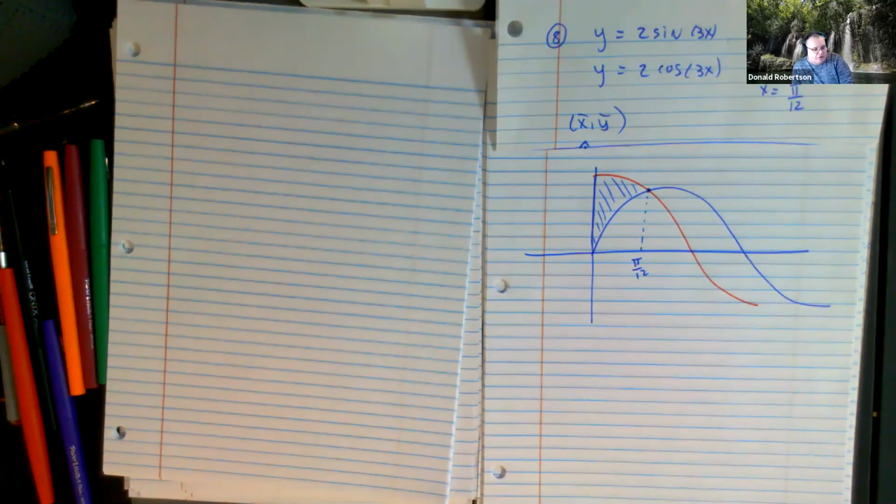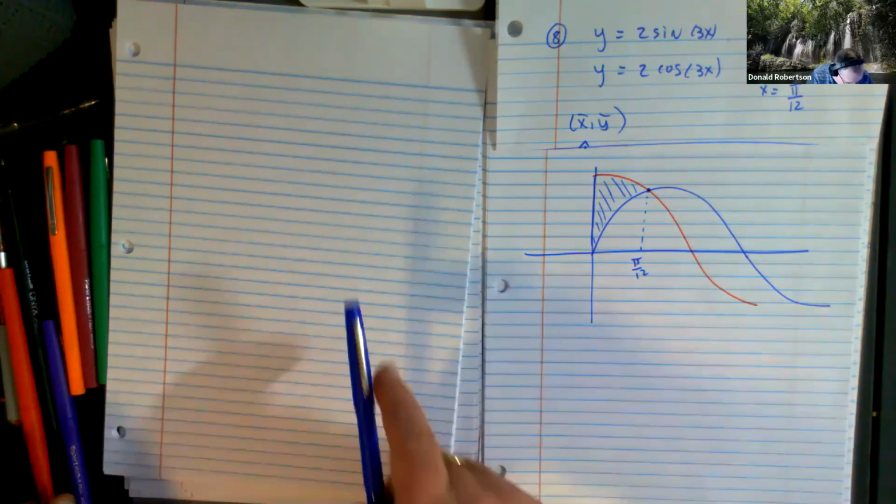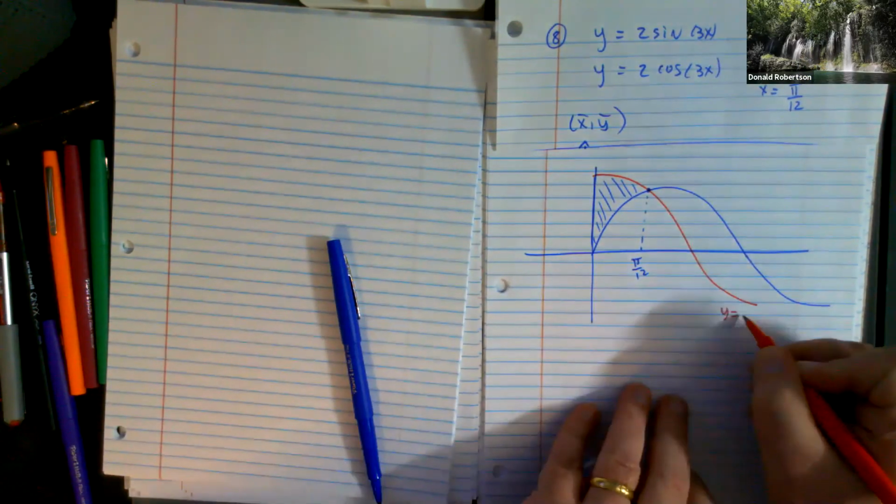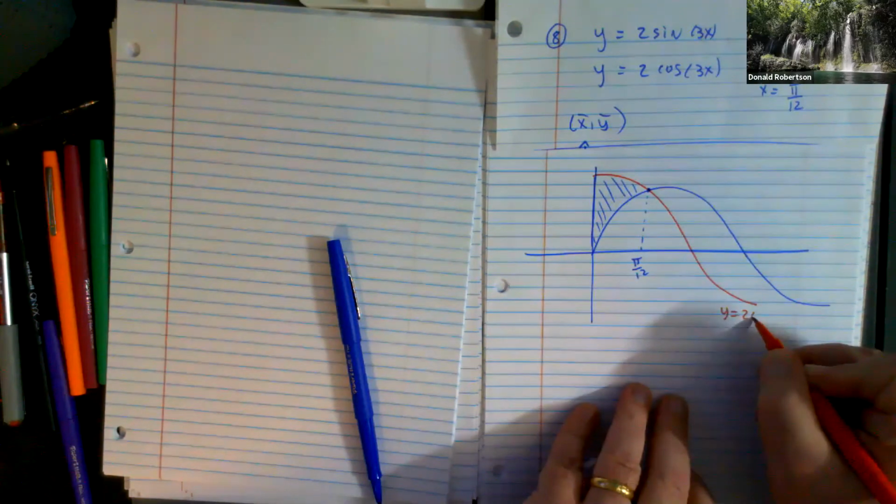And I think you really do need to visualize this, because now that I've got that picture, can you see that the red one, which is the cosine one, is my f of x, right? It's higher up than the other one, which is the blue one, right? So when I'm looking at this function, I can see that this one here is 2 cosine 3x, and it's high.